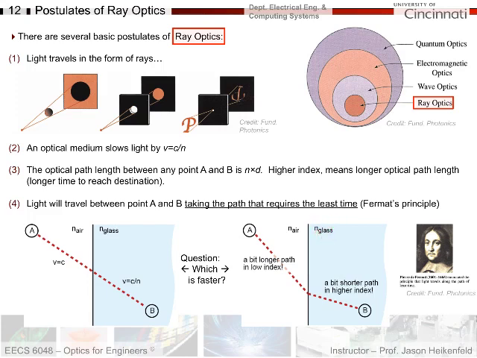So what it says is basically, I can find a faster path if I spend a little bit more time in the fast medium versus the slow medium, and that will be faster than trying to go through this straight line, because if I do that, I end up with more distance here in the slow medium than I would here. And so Fermat's principle actually predicts refraction.